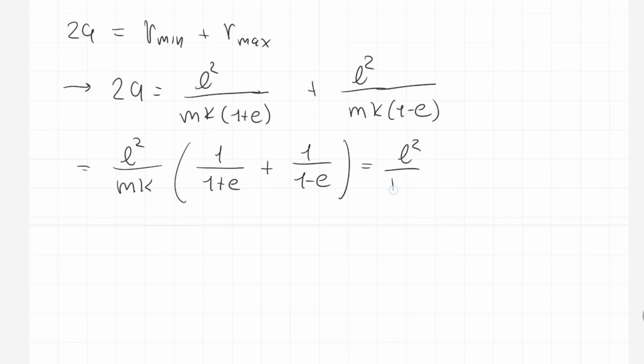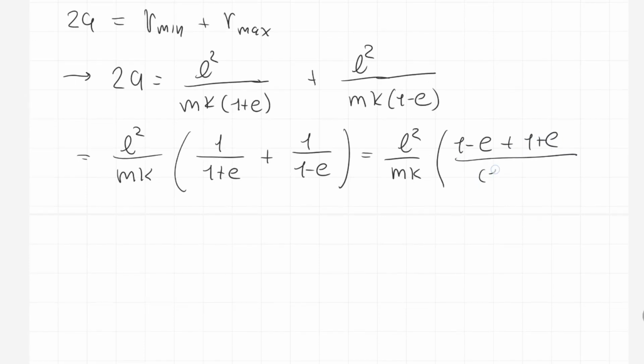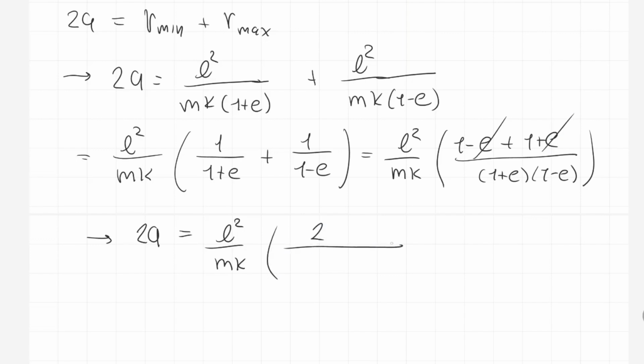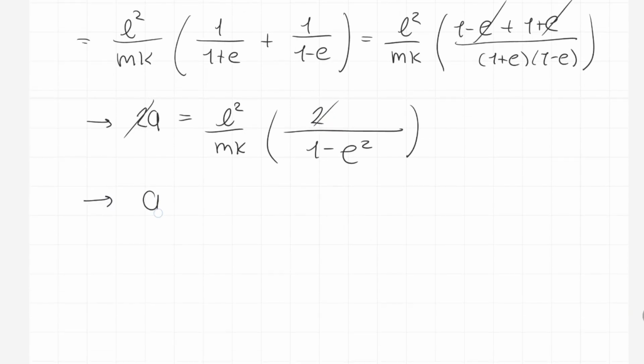This is L squared over mk times 1 minus e plus 1 plus e over 1 plus e times 1 minus e. And this is that 2a is going to be equal to L squared over mk. We can cancel these two e's to get 2 here, and then 1 minus e squared here. We can cancel these 2's to get that a, the major semi-axis, is going to be L squared over mk times 1 over 1 minus e squared.